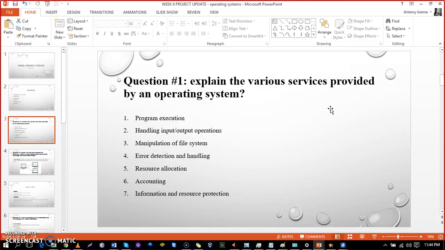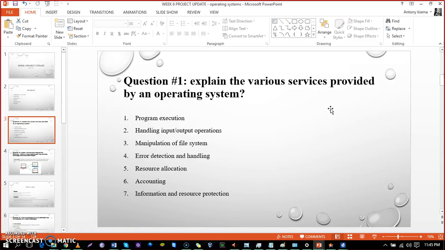Welcome and thank you for attending this meeting today. The first task that we are supposed to tackle for this week 6 is some of the various functions that are being provided by the operating system. The first function is program execution.